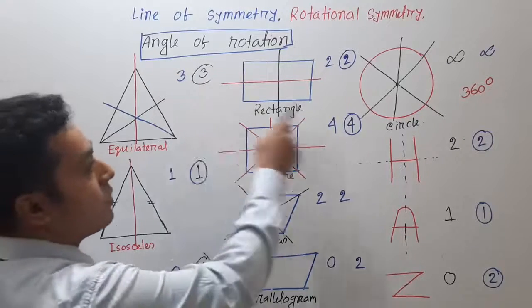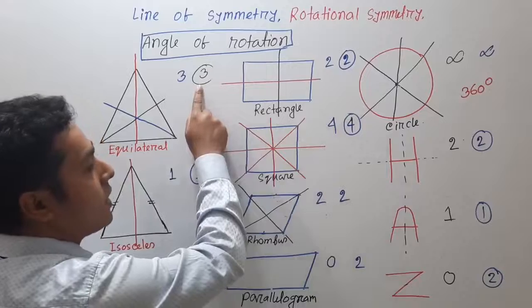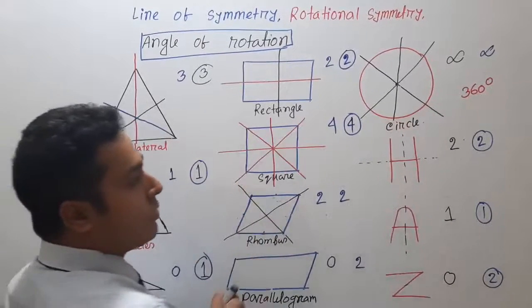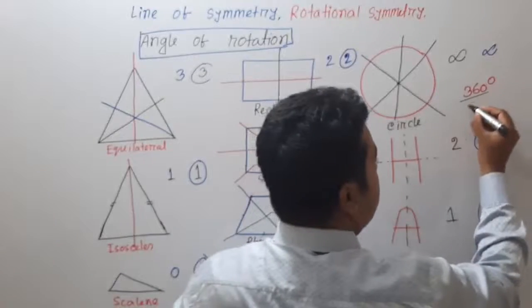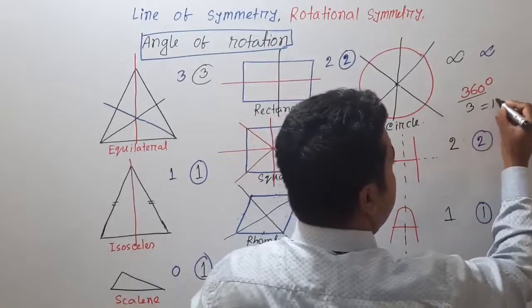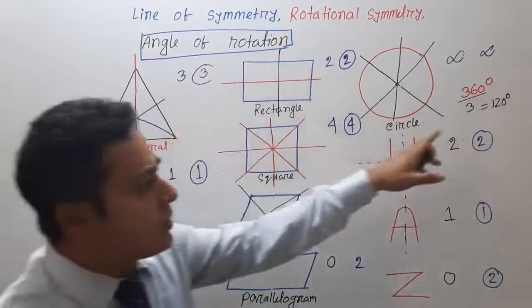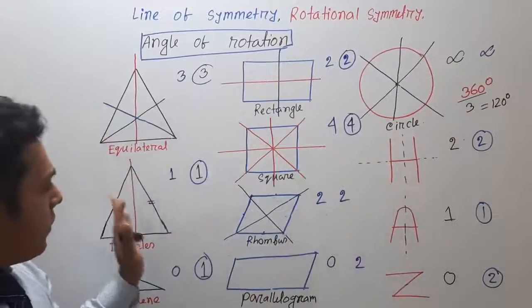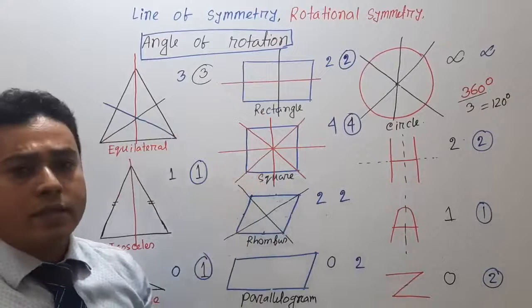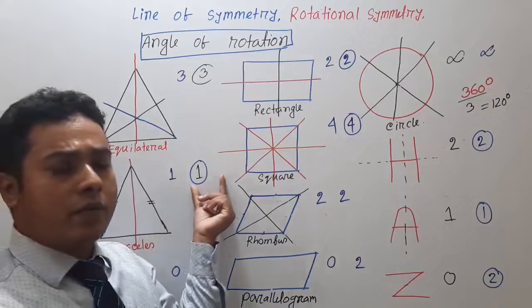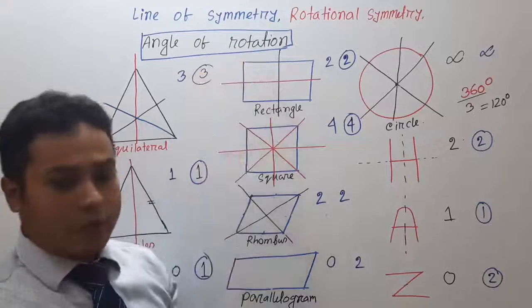So a complete rotation for 3 rotations needs 360 degrees. For one rotation, it will be divided by 3, which is equal to 120 degrees. So the angle of rotation for an equilateral triangle is 120 degrees. For each shape, you divide 360 degrees by the order of rotation, and you will get the angle of rotation.